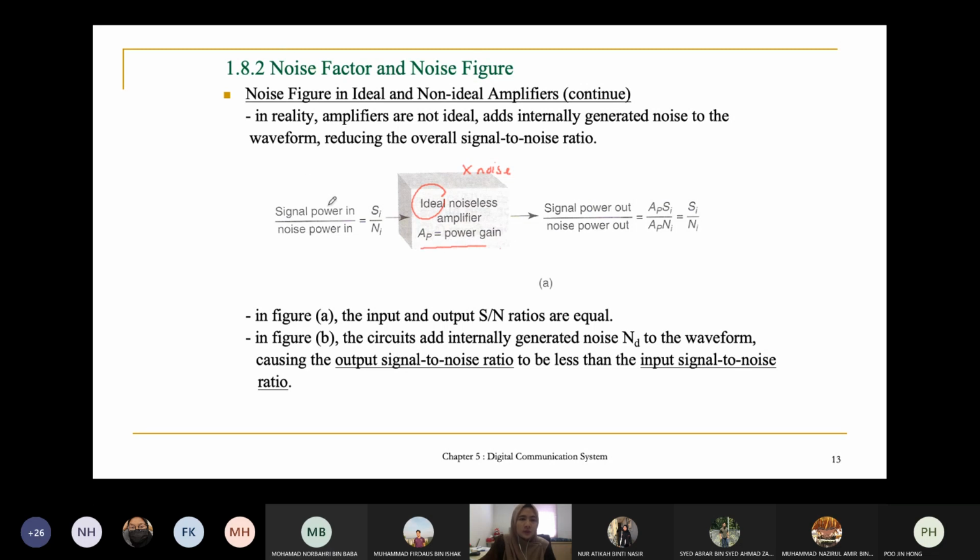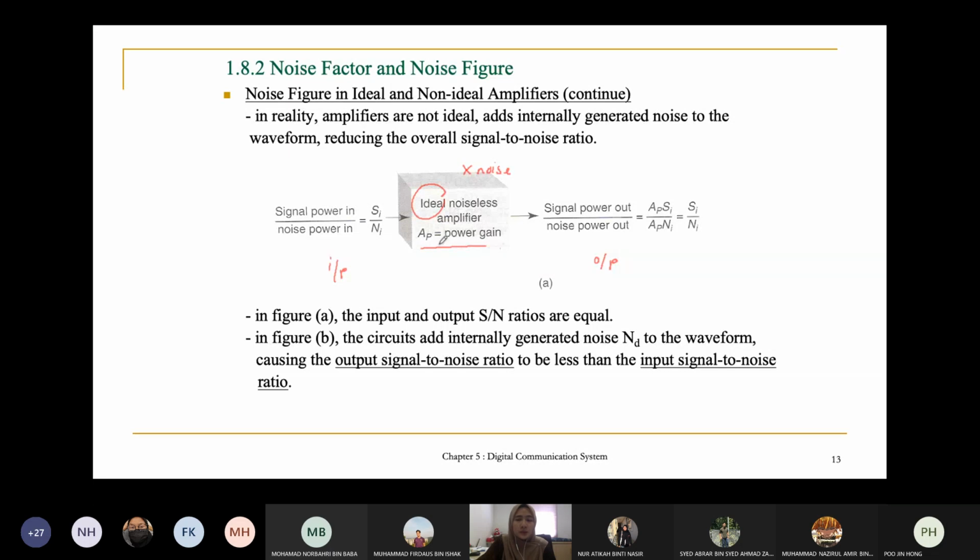So if you look at here, this is the input, this is the output of the amplifier. The signal to noise ratio at the input is Si over Ni. Now, if you want to calculate the signal to noise ratio at the output, you need to multiply it with the power gain, for both Si and Ni. So you look at here, we multiply Si and Ni with AP.